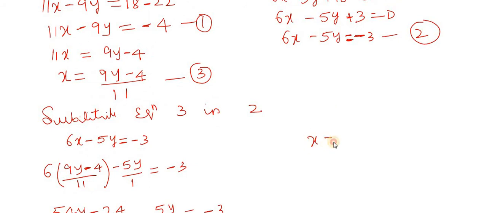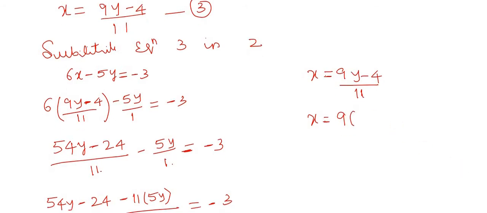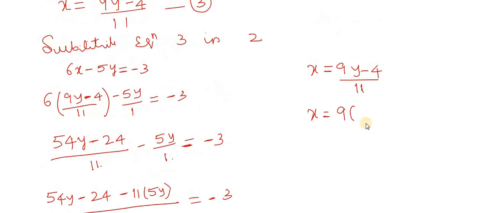So x is equal to, you can substitute the y value in equation 1, equation 2 or equation 3 to get the x value. I'm substituting in equation 3. If you want, you can substitute in equation 1, even there also you'll get the same value. So here x is equal to 9 times 11, sorry, our y value is 9, minus 4 divided by 11.